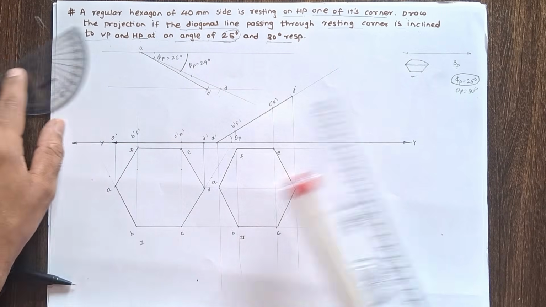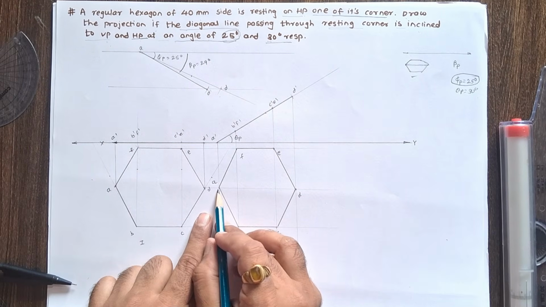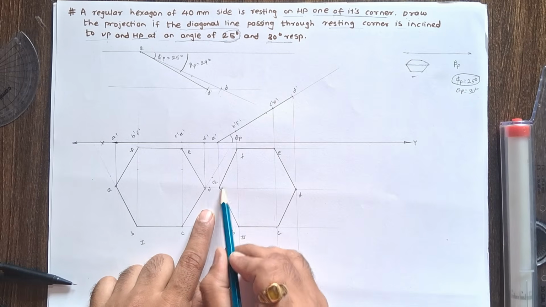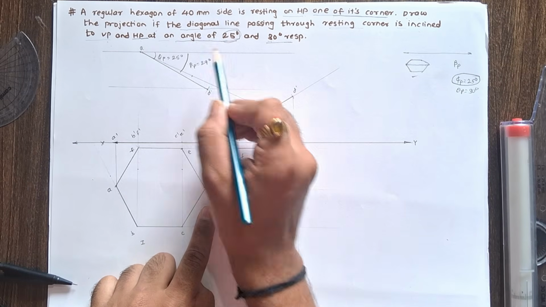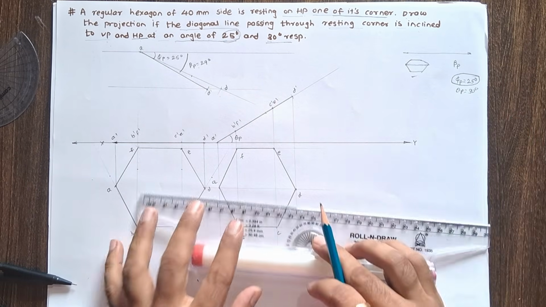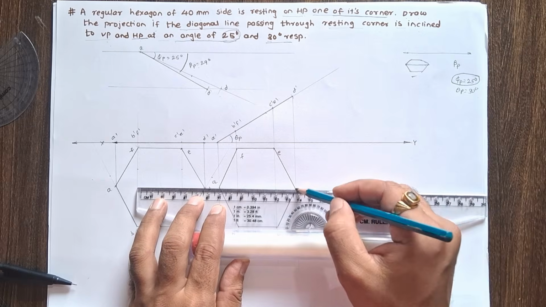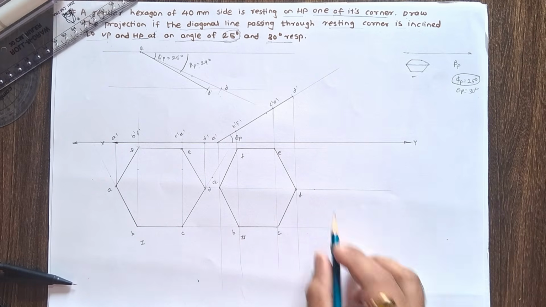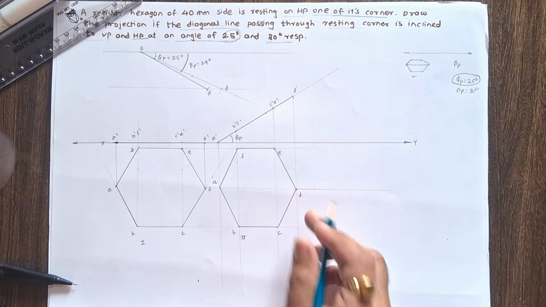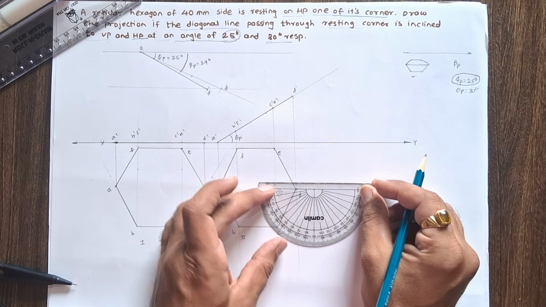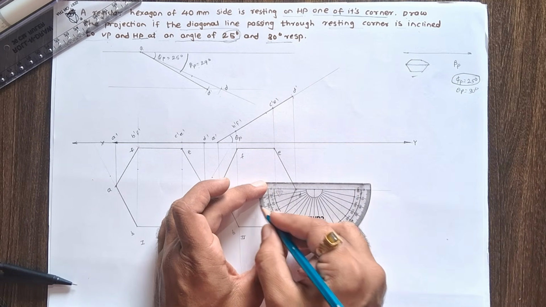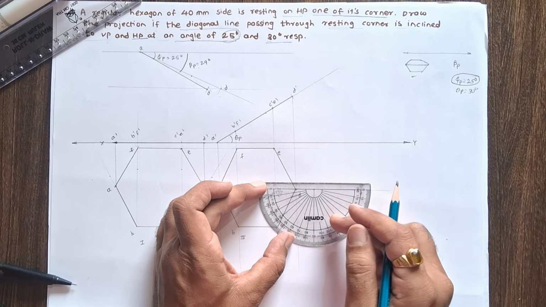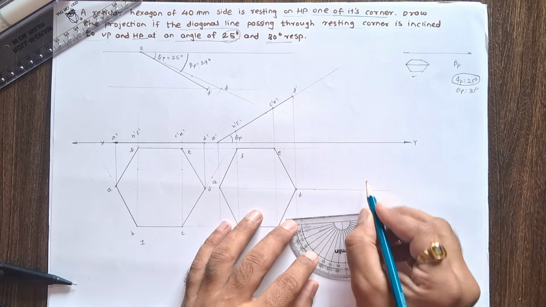So beta angle is 29 degrees. Now here, what we have to do is extend AD, because this resting diagonal makes a beta plane angle with the vertical plane. So extend AD, mark a point on the extended AD line, and we can't mark here because the angle line overlaps here. Let's mark the angle a little farther away.